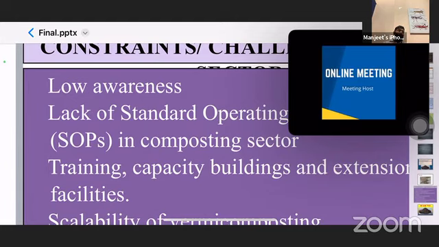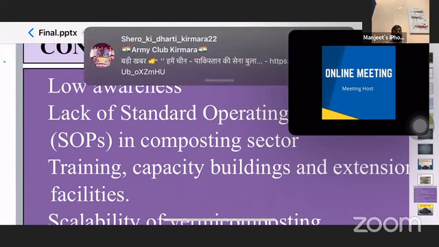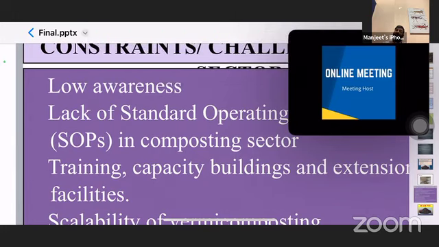But this is totally wrong, because synthetic fertilizer fulfills only one or two nutrient requirements of the soil, whereas vermicompost is rich in various nutrient components that fulfill the soil's various nutrient requirements.